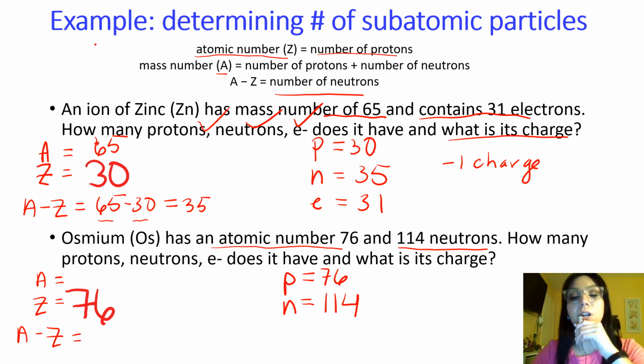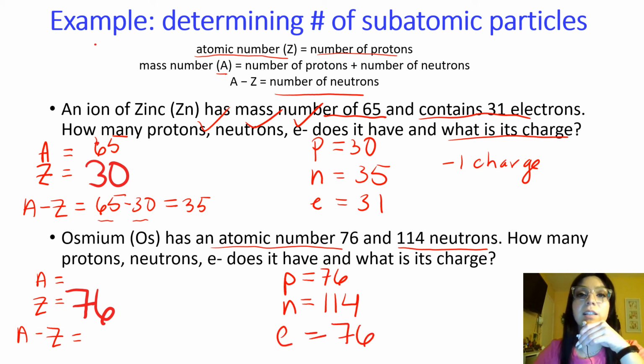Whenever a problem does not tell you how many electrons an atom has, and it also does not tell you, okay, it has a -2 charge, if it doesn't say anything, that means you can assume that the number of electrons is equal to the number of protons. So in this case, we would have 76 electrons because you always assume that atoms start off electrically neutral.